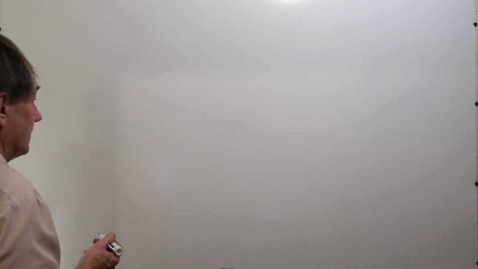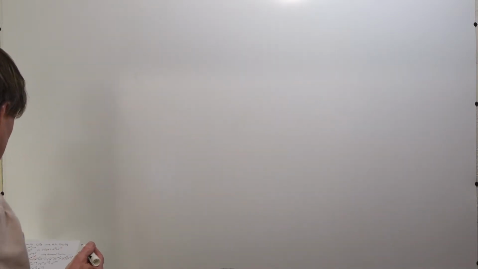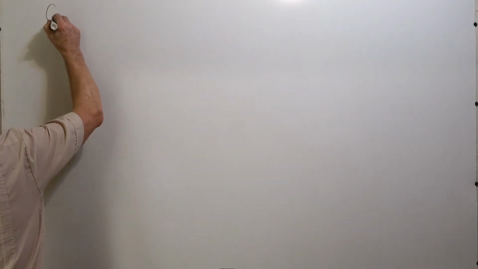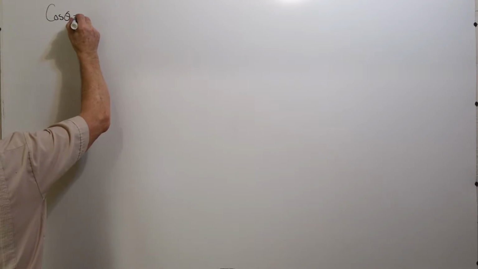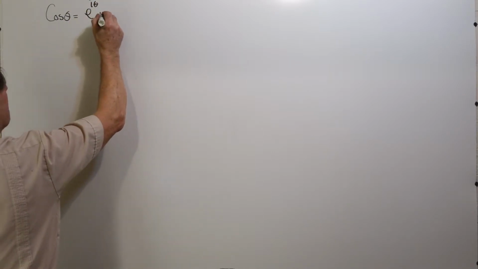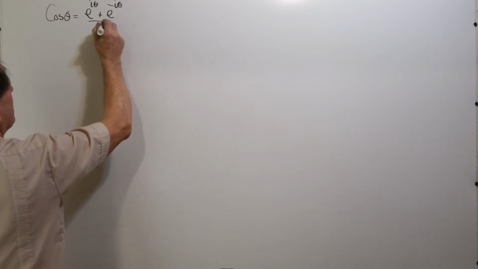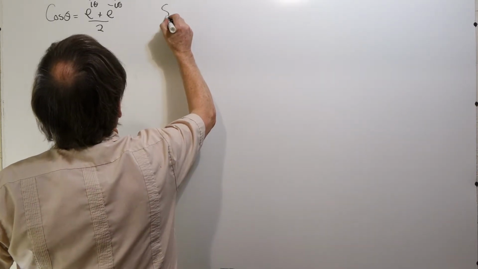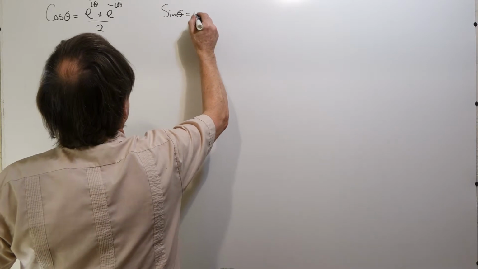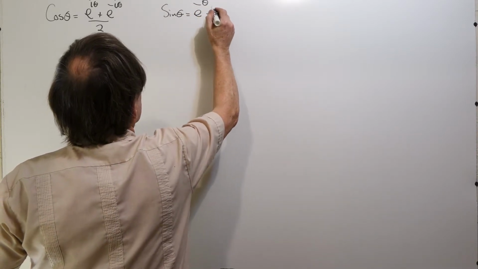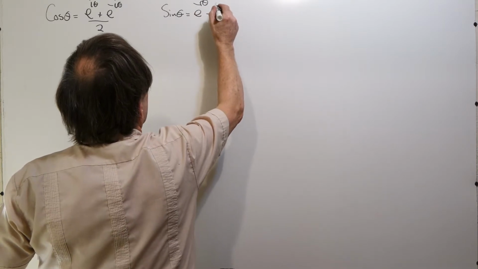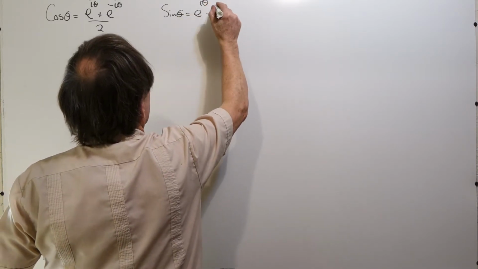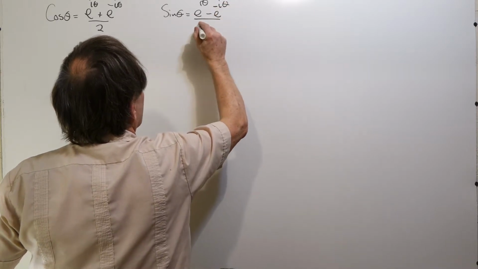So again, we use Euler's formula in a way, in that remember earlier that we found that the cosine of theta is e to the i theta plus e to the minus i theta over 2, and that the sine of theta is e to the i theta minus e to the minus i theta over 2i.